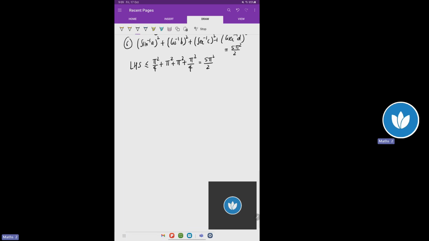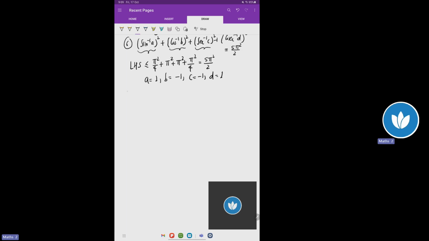This can happen only in one case, when all of them simultaneously attain their maximum values. This will happen when sine inverse a is equal to pi by 2, that is a equal to 1, b equal to minus 1 because cos inverse b is pi when b is minus 1, c equal to minus 1 and d equal to 1.